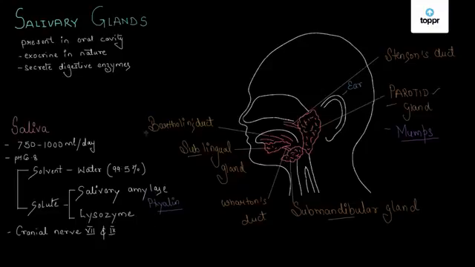So we have seen that salivary glands are responsible for the production of saliva, and there are three salivary gland pairs present in our body: parotid, submandibular and sublingual. The parotid glands are the largest salivary glands, whereas the sublingual glands are the smallest. Moving forward, let us see the second organ of the digestive glands or organs, and these are the teeth.